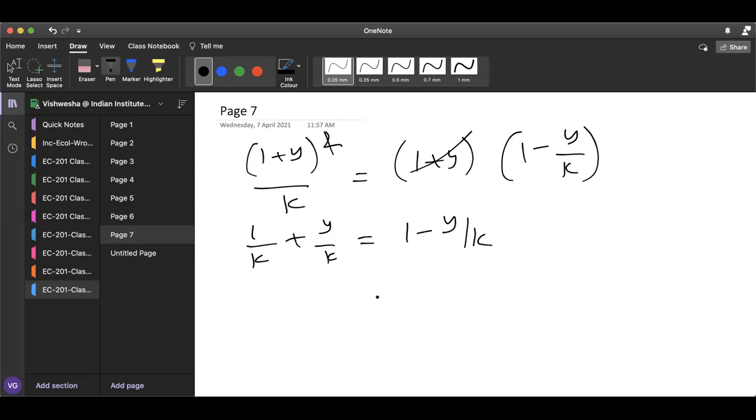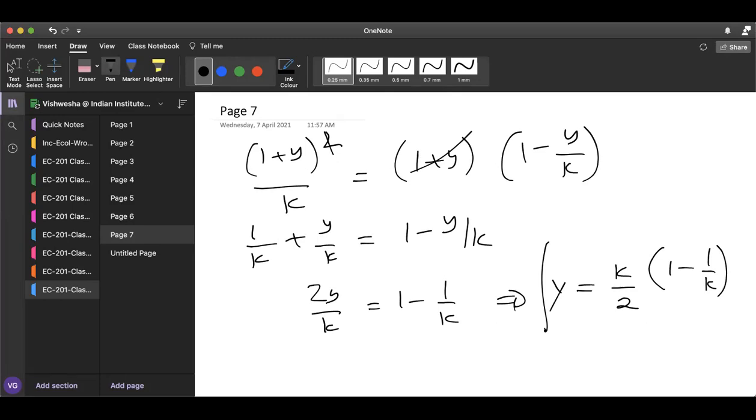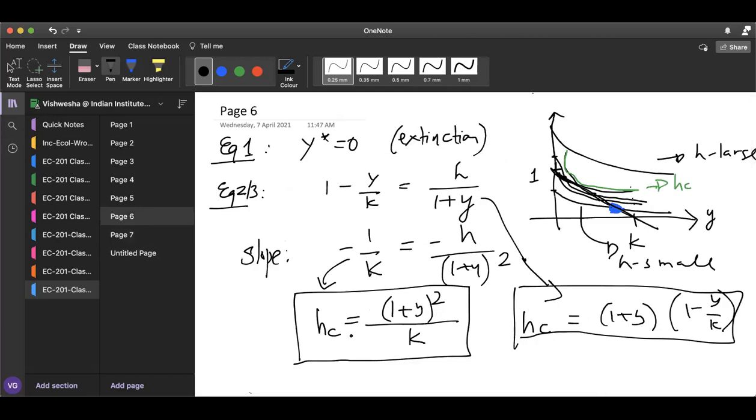So 2y by k is equal to 1 minus 1 by k. This implies that y is equal to k by 2 into 1 minus 1 by k. Is that right?